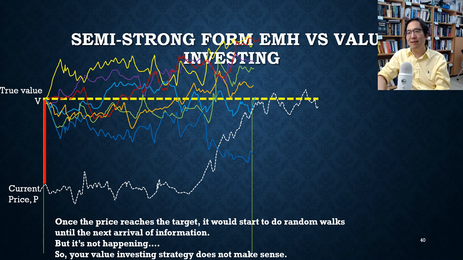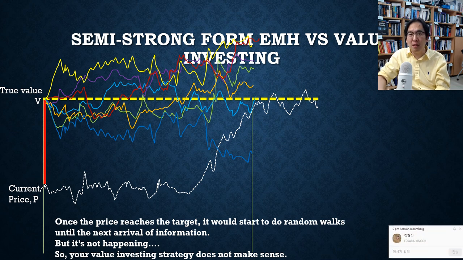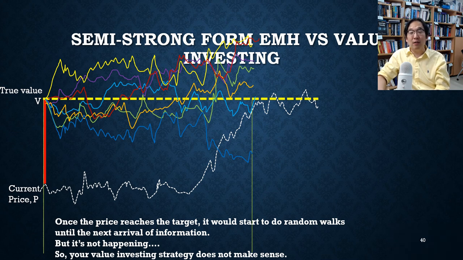But you know what? The price is still down there, not there. Okay, why is it here, man? Which means, well, given that the investors are rational, your value investing idea must have been bullshit.